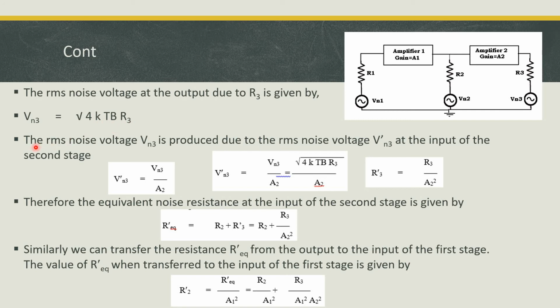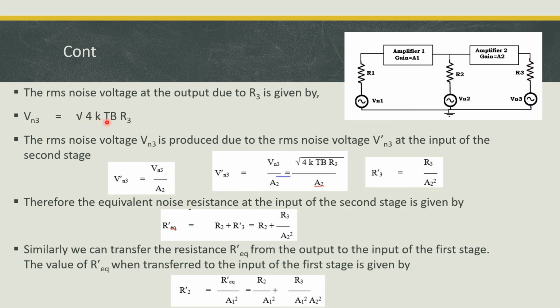So the RMS noise voltage VN3 is produced due to the RMS value of R3 dash at the input of the second stage. This noise is due to the corresponding VN3 dash. That will be amplified by amplifier A2. So that's why VN3 is divided by A2.